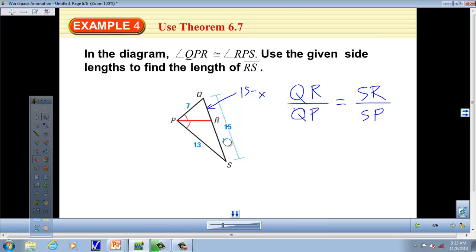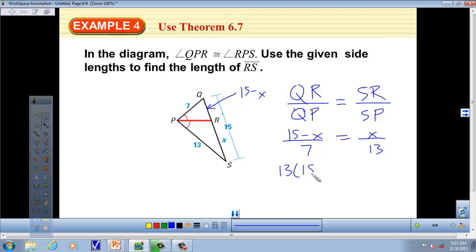So since this is X, 15 minus X gives me this right here. So QR is 15 minus X, and QP is 7. This side we have X, and over here we have 13. Cross multiply, we get 13 times 15 minus X. Over here we have 7X.